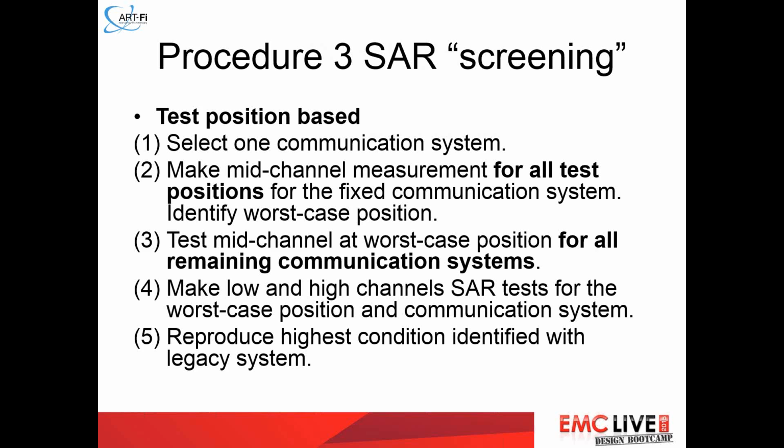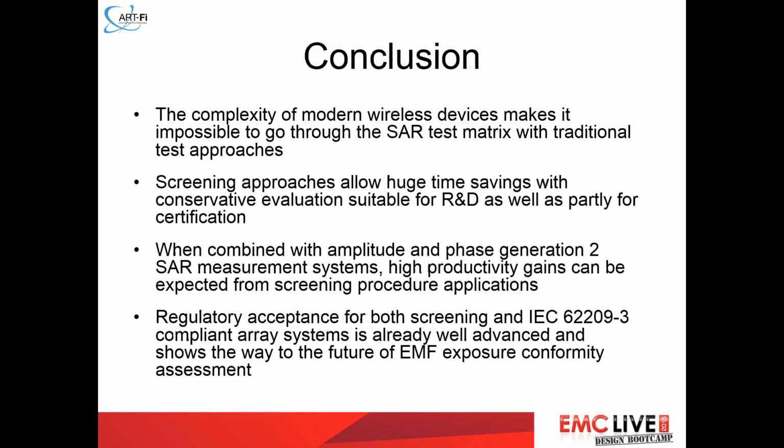For concluding this presentation, clearly the complexity of modern wireless devices makes it impossible to go through the SAR test matrix with traditional test approaches. So either test reduction or screening approaches that allow huge time savings really have to be used.